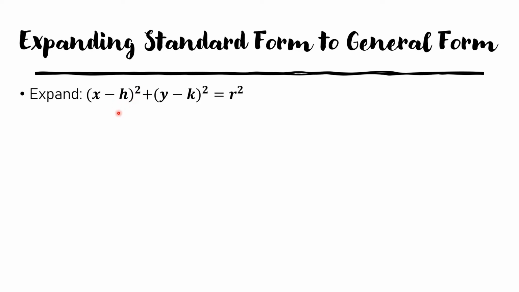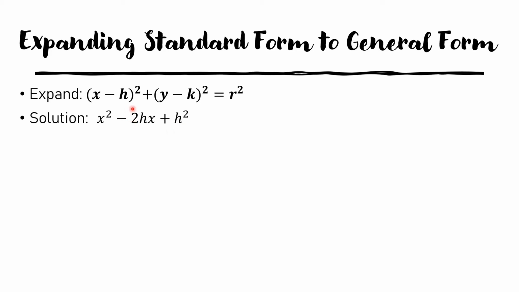So, using a squared minus 2ab plus b squared, una natin gagawin, squared muna natin yung x. That will be x squared. And then, times natin yung x tsaka h. That is xh. And times 2 natin, that is negative 2hx. Then, next, squared natin yung h, that is equal to h squared. Na-expand na natin yung x minus h.